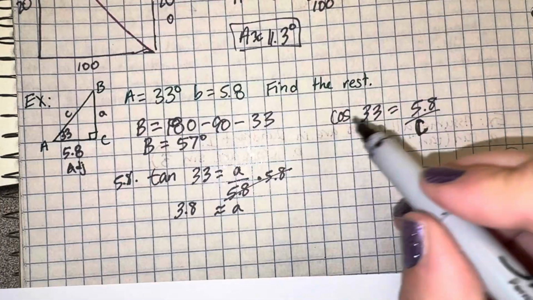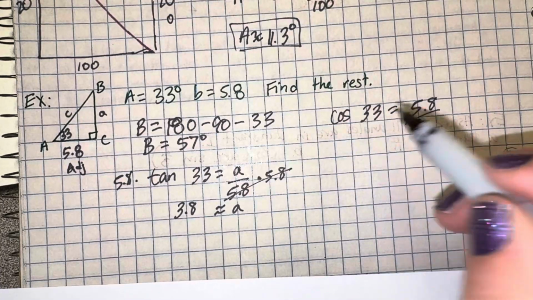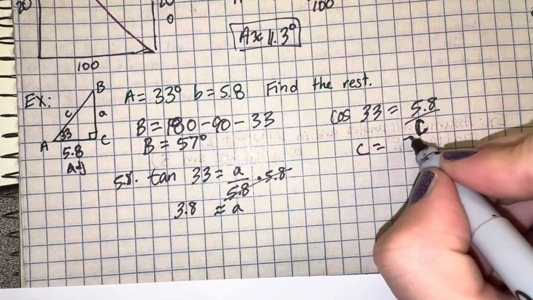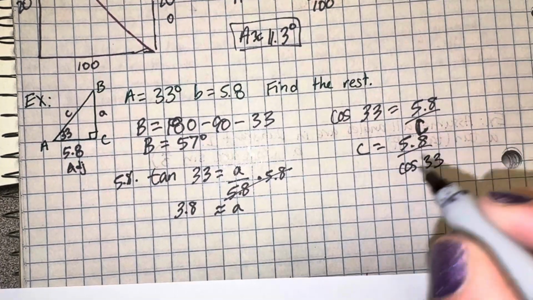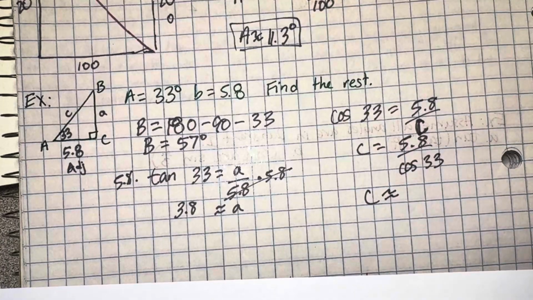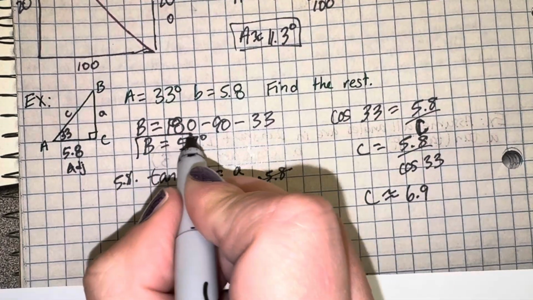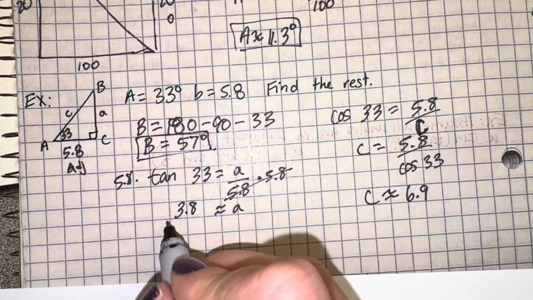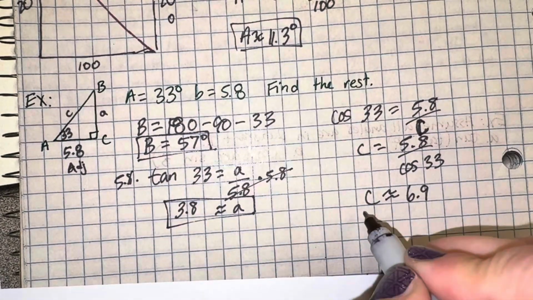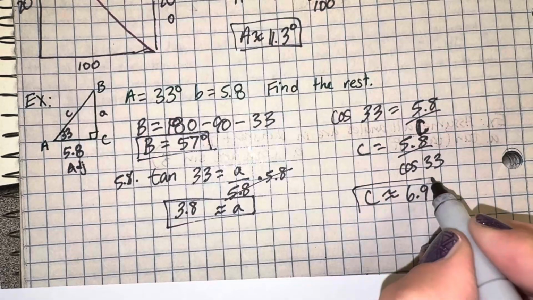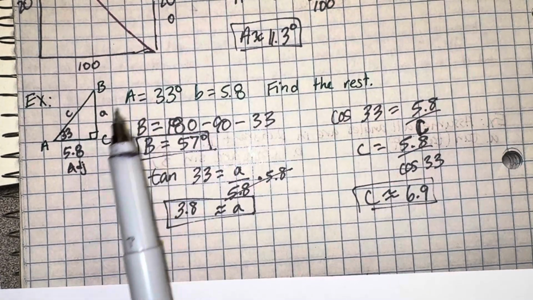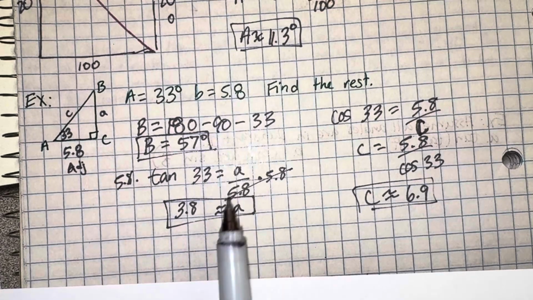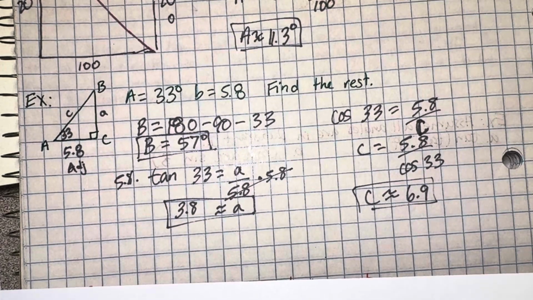Because if I multiply on both sides and divide, these 2 things are switched, I am just going to switch them. Plug that in my calculator and I'll get an approximation for c, which is 6.9. So now I have 1, 2, 3 angles, and I have 1, 2, 3 sides.